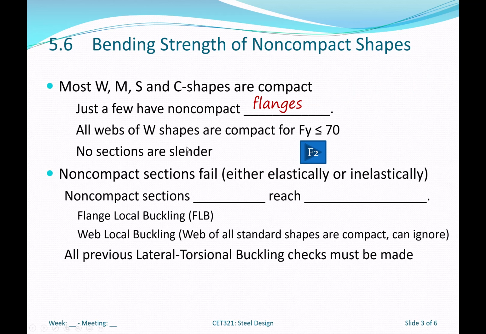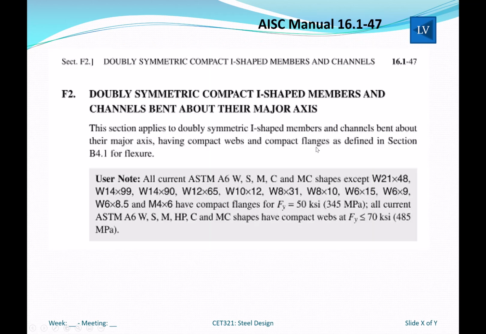But as far as hot rolled shapes, everything that we use is going to have compact webs. No sections have slender elements. And you can see this if you look at section F2, the part that we've looked at already, for doubly symmetric compact I-shapes and channels bent about their major axis, that's what we've been dealing with.